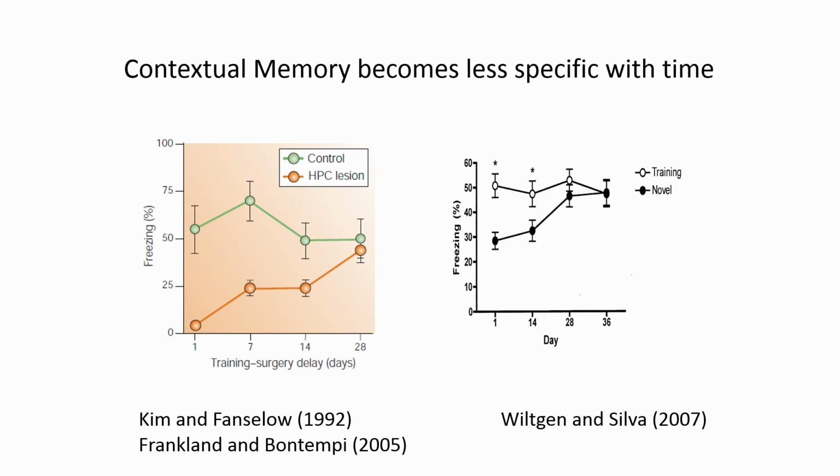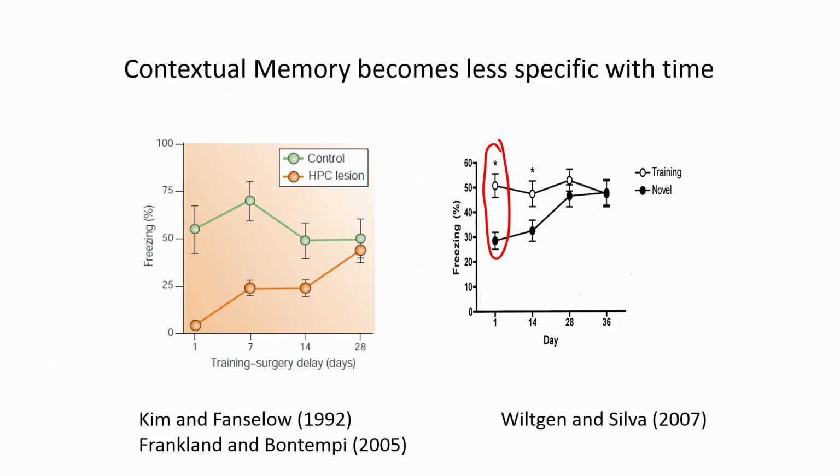If you put the animal in a novel context that is similar to the training context right after training, within a day's gap, they can clearly tell the difference between the training context and the novel context.